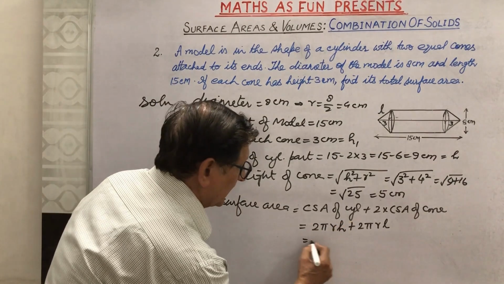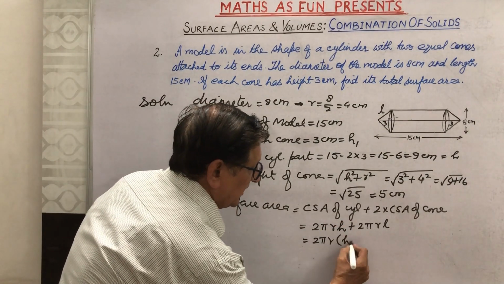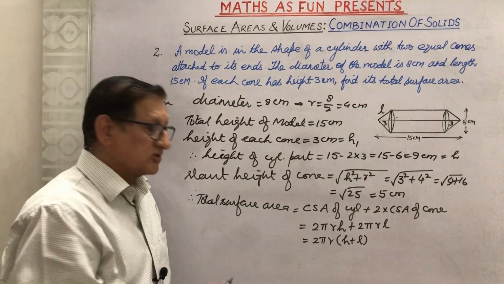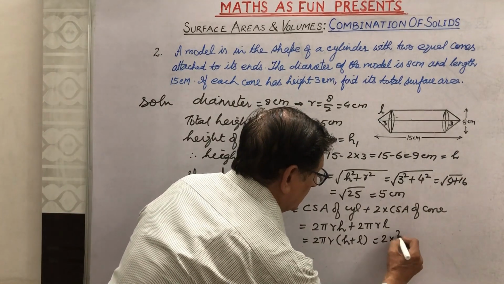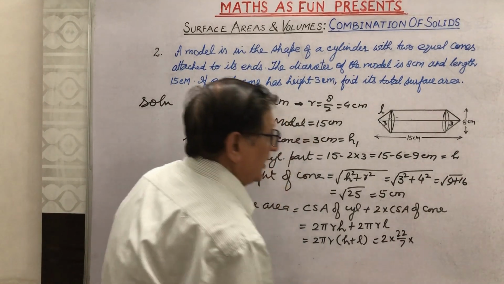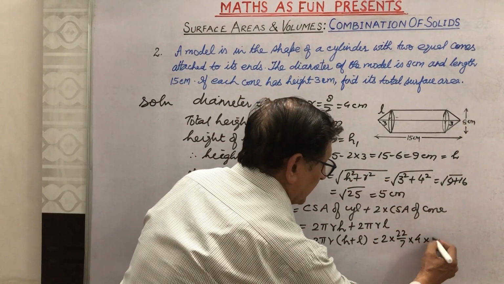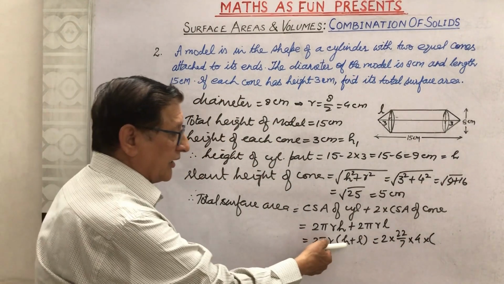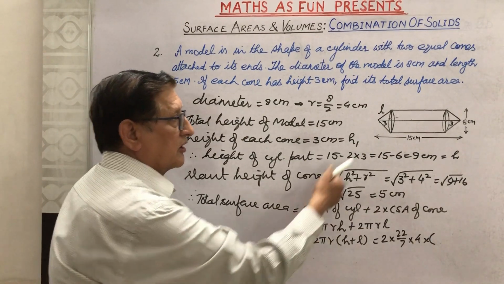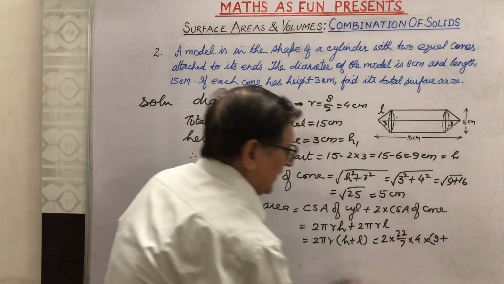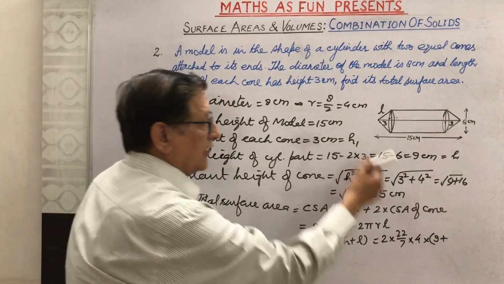If we take 2 pi r common, it will be h plus l. Substituting the values, we get 2 into 22 by 7 into r, r is 4, into h, that is the height of the cylindrical part, that is 9, plus l is 5.